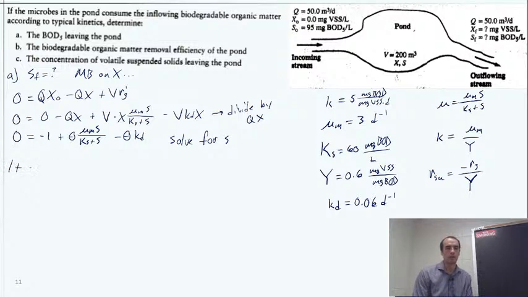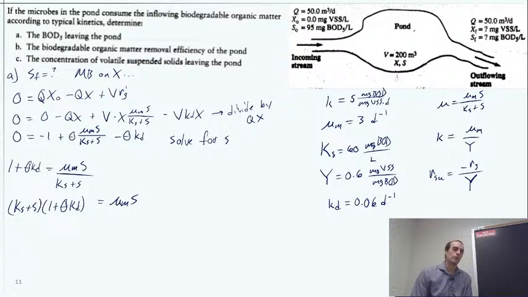So we'll say 1 plus theta kd is equal to mu max S, and we'll go ahead and multiply both sides by Ks plus S. So we'll end up with Ks plus S times 1 plus theta kd equals mu max S on the right.